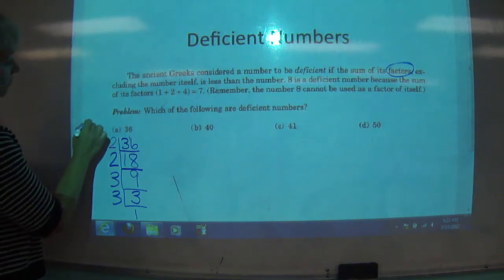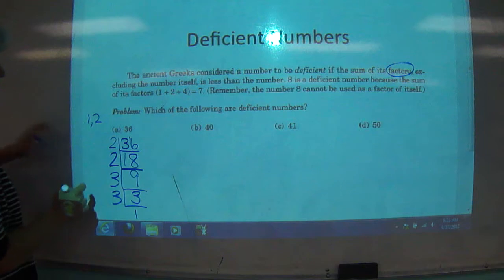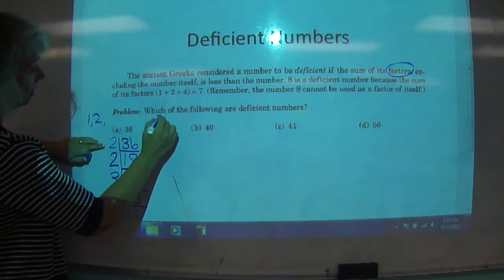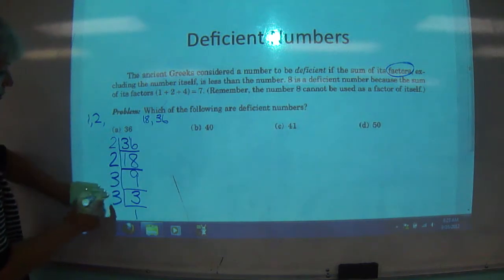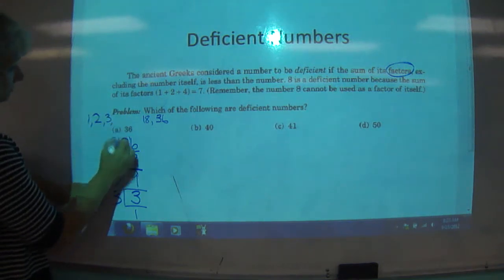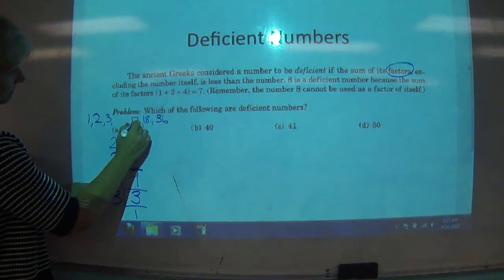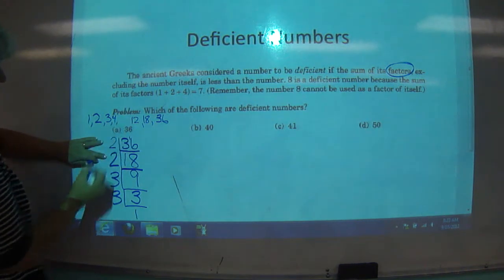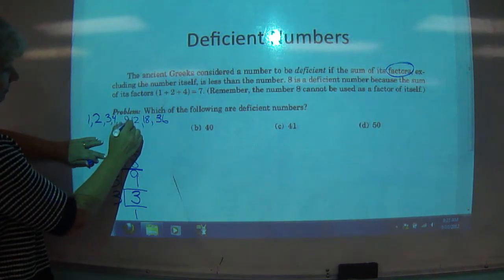So the factors of 36 are 1. We know 2 goes in. 2 goes in 2 times 3 times 3, 18 times. 3 goes in 3 times 2 times 2, so 3 times 4, 12 times. 4, yes, 4 is a factor, and how many times does it go in? 9 times.